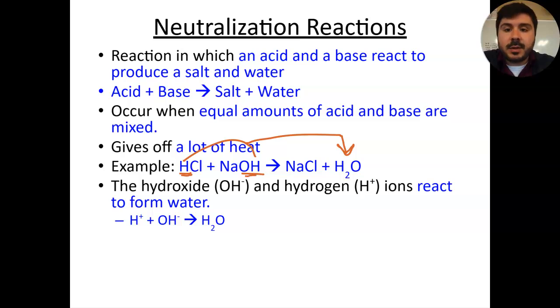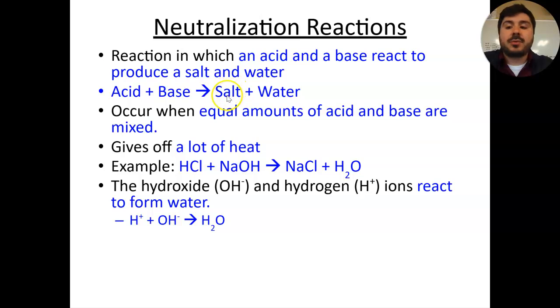So this H and this OH will always come together to form, technically, HOH, right? But when we mix this up, HOH really does just become H2O. Now, what's left over, of course, is your Na and your Cl. So these guys have to combine together on their own to form NaCl. Okay, so that's how these reactions work. Again, we always know that water is going to be one of our products, right?